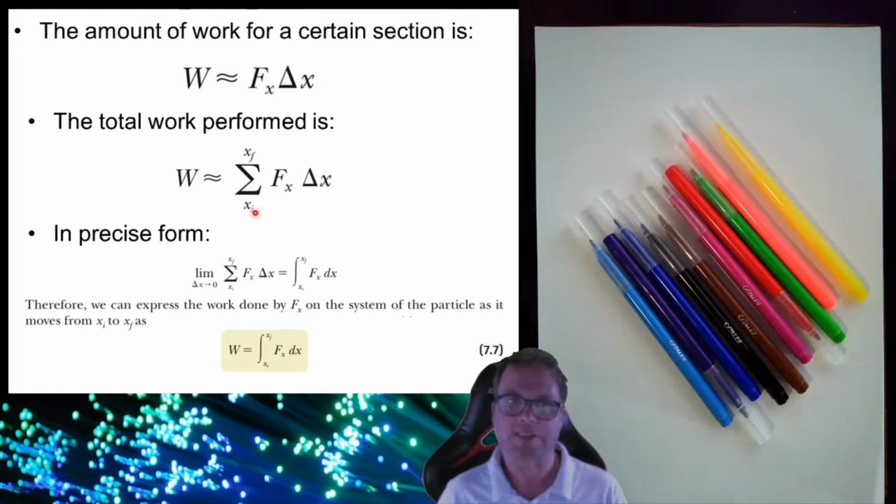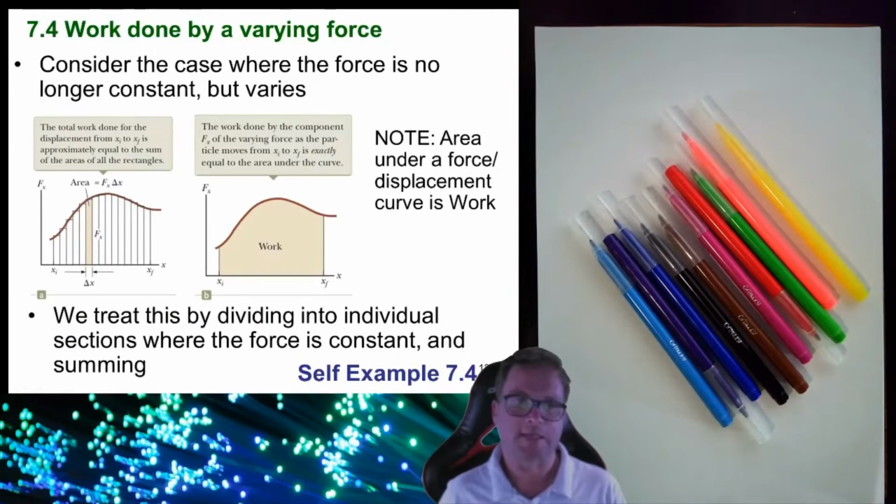So this summation sign is telling us to add all the little blocks starting at xi and ending at xf. So add all the little blocks whose area we calculate. You can see in our example we wanted to calculate the area from xi to xf. So that's why we sum over that specific domain.